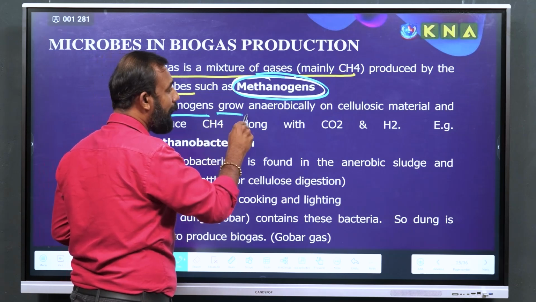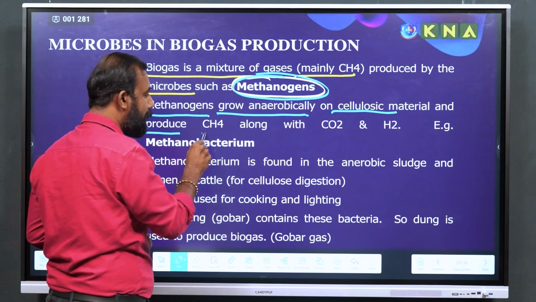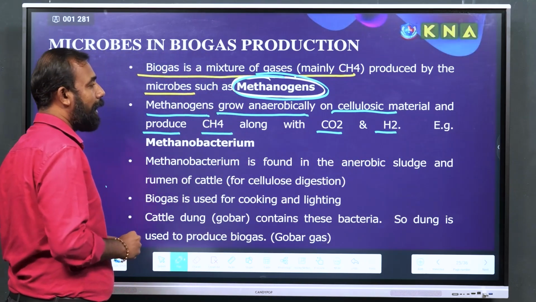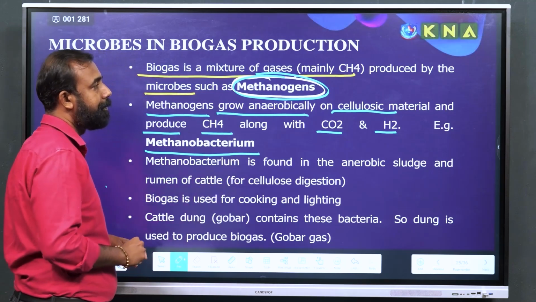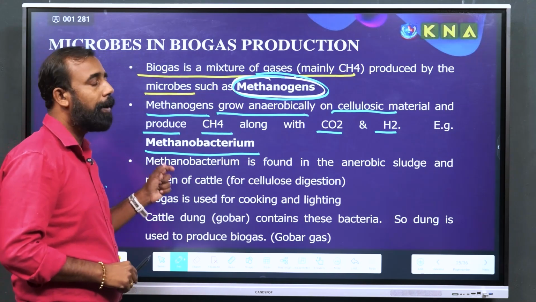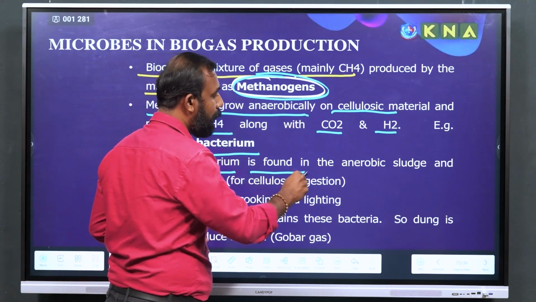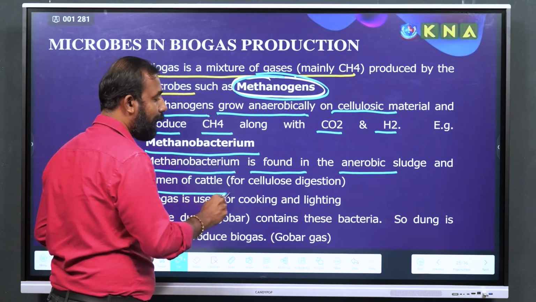Methanogens grow anaerobically on cellulose material and produce methane along with carbon dioxide and hydrogen. An example for methanogens is Methanobacterium. Methanobacterium is found in anaerobic sludge and in the rumen of cattle.